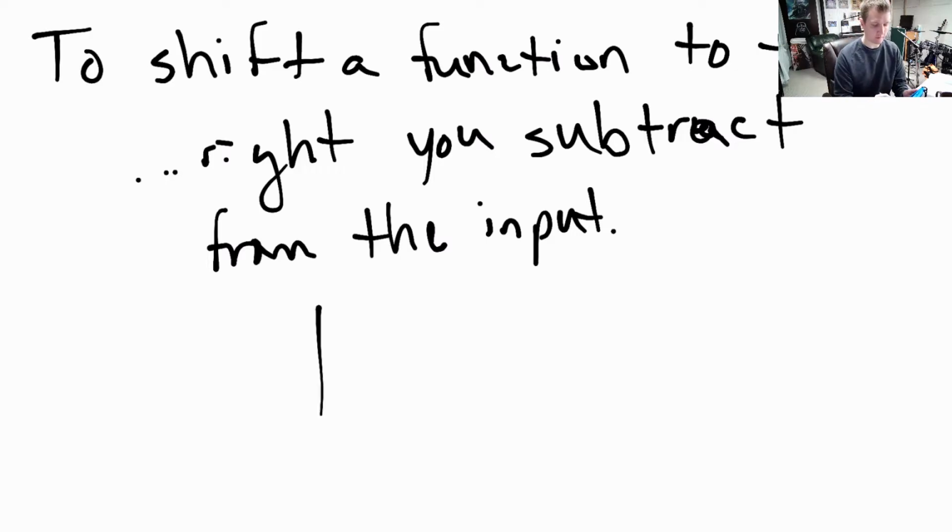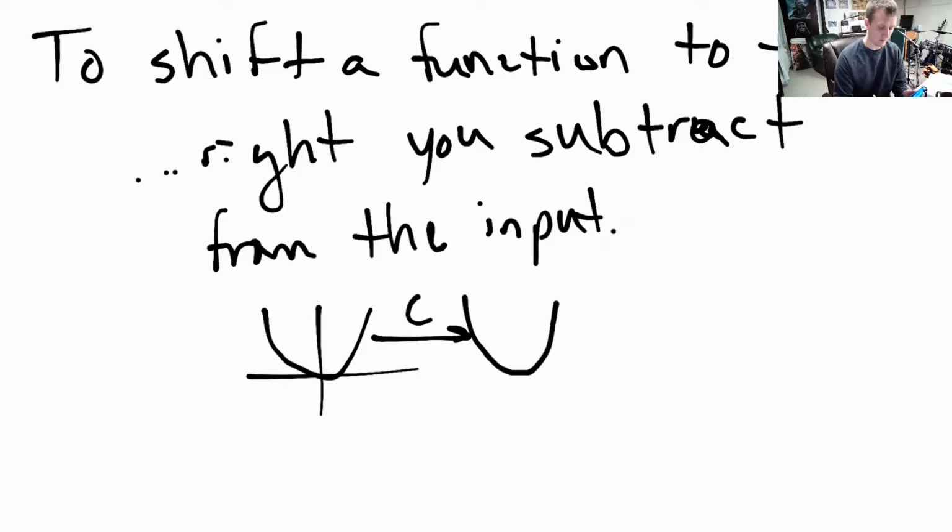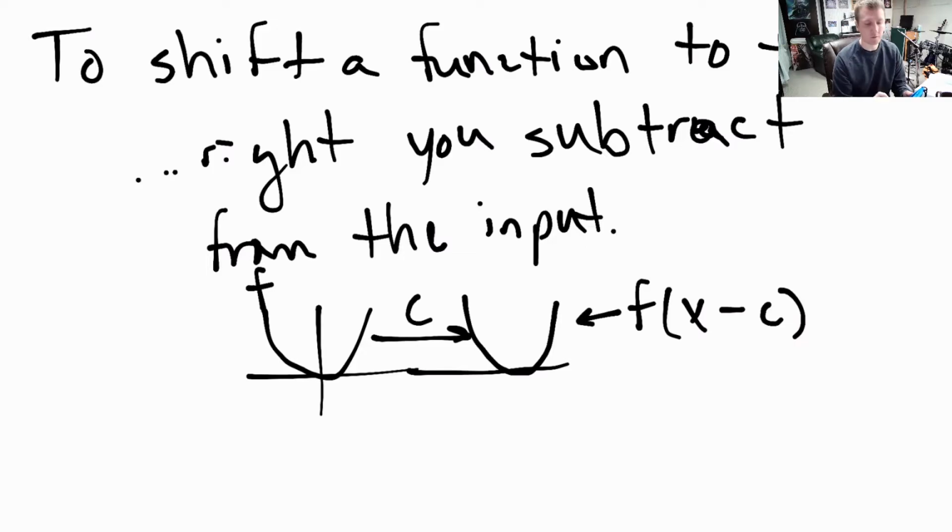So if we want to take this graph and we want to move it over some number c to the right, we want to shift the whole thing over, all we do is we take the function f, which is the original one, we take our input and we subtract that c, and that's it. We saw that up here.